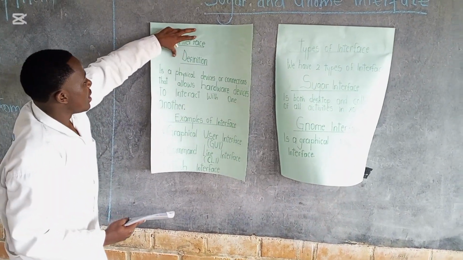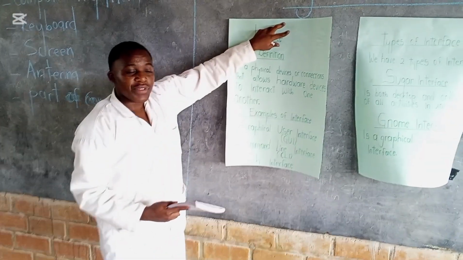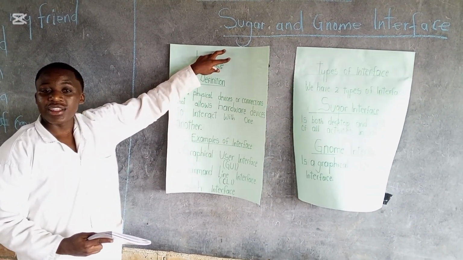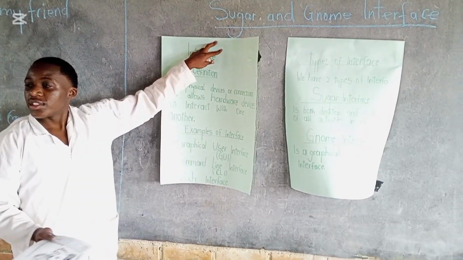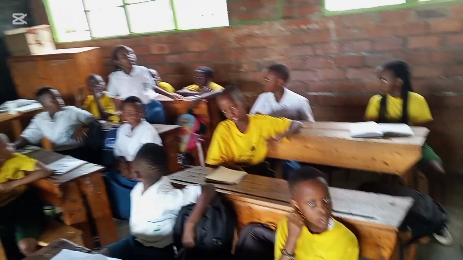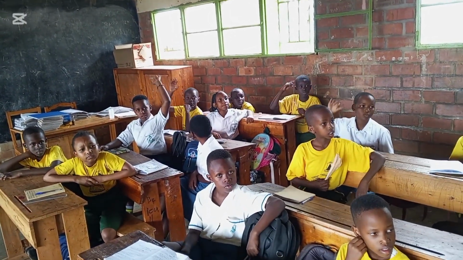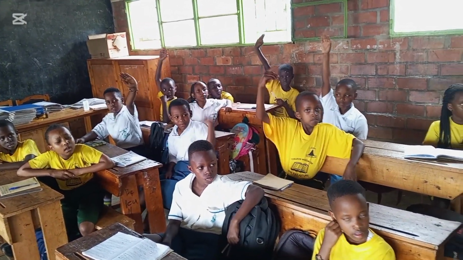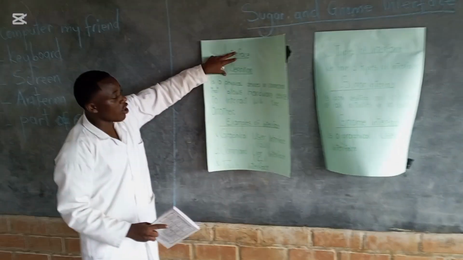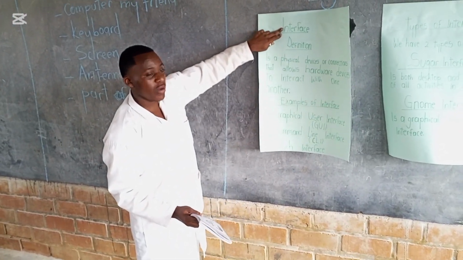Interface, it is the physical devices we have on the computer. We have keyboard. On the interface, it is the physical devices or connections that allow hardware devices to interact with one another.